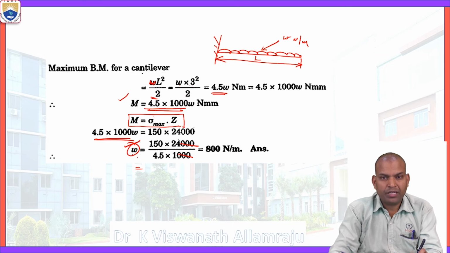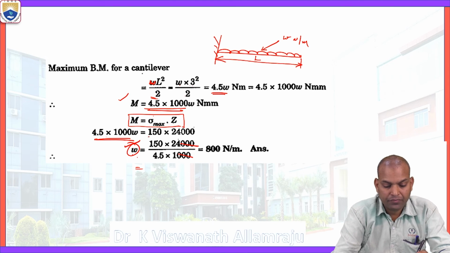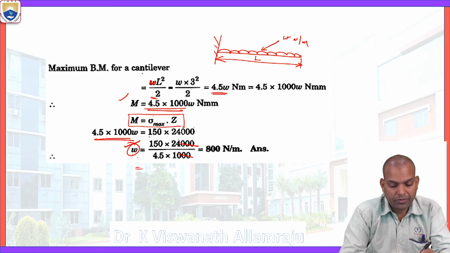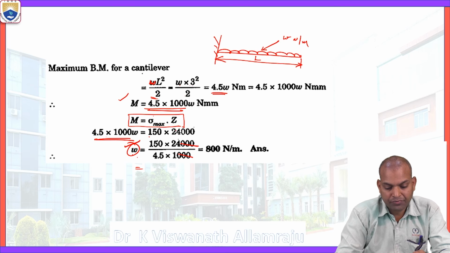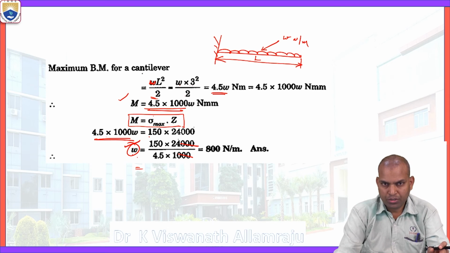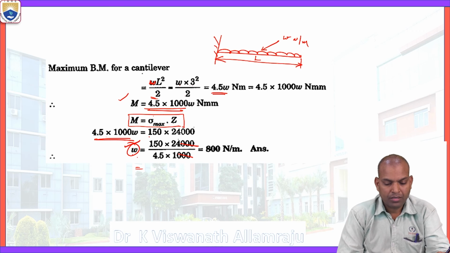One thing is very important: the maximum stress here is 150 Newton per square millimeter, but the cantilever beam has a different cross section. That's why the section modulus of the simply supported beam section and that of the cantilever beam section are different, but it is made of the same material. That's why sigma maximum is considered the same for both the beams.